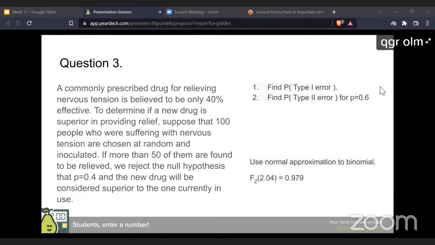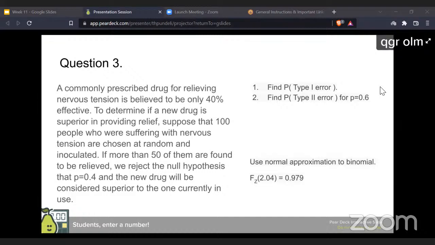It is written that if out of these 100 people, more than 50 get relieved from this medicine, then we will reject the null hypothesis, and we will consider that the new drug that we have introduced is superior, right?